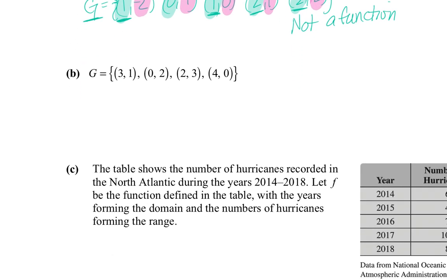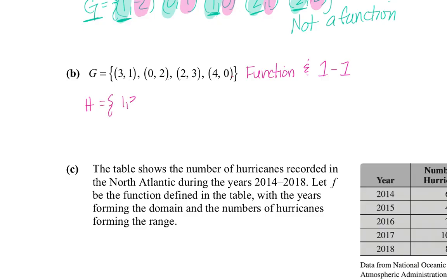So now if I look at this next one, I've got 3, 0, 2, 4, 1, 2, 3, 4. So this is a function and 1 to 1. So now I can write, I'll call the next one h.